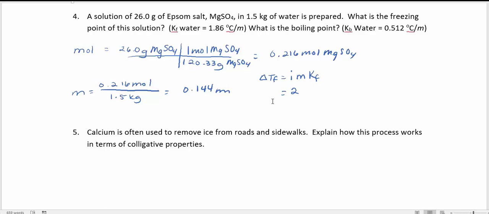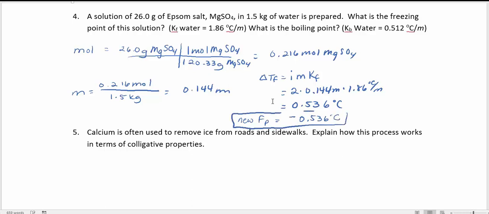That's 2 for i, the molality that we just calculated, and then the Kf that's given to us, 1.86 degrees Celsius per molal unit. So the change in freezing point should end up being 0.536 degrees Celsius. Freezing point of water is 0, so the new freezing point will be a negative 0.536 degrees Celsius.